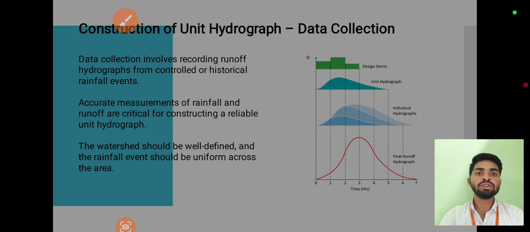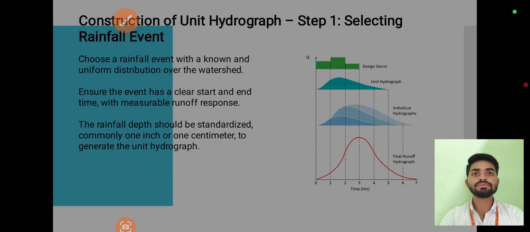The watershed should be well defined and the rainfall event should be uniform across the area. Design storm, unit hydrograph, individual hydrographs, final runoff hydrograph, time.